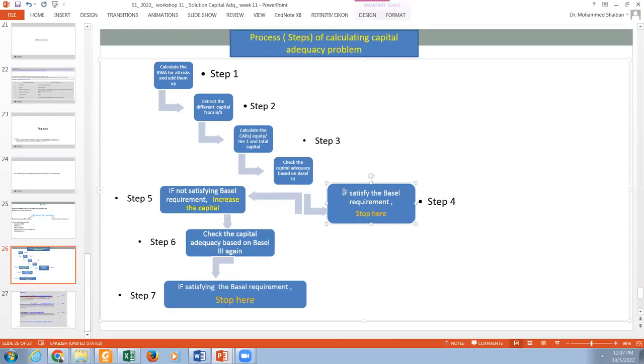But if you are not satisfying the 7%, 8.5, or 10.5, then you have to increase the capital, and check again whether we are satisfying. Usually, if we use the right method to increase the capital, which is to increase the equity, then you will test again, you will be satisfying, and you will stop here. And this is the end of the problem.